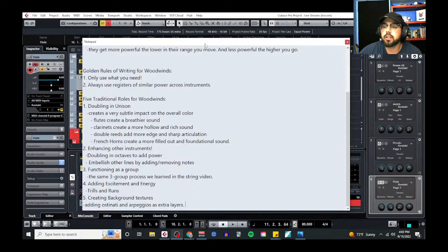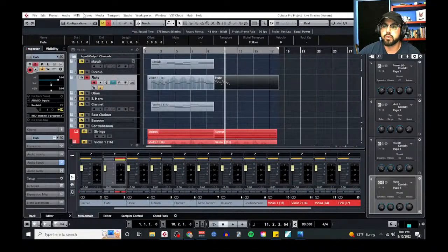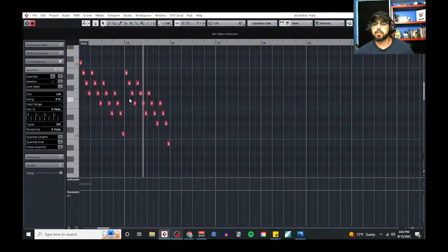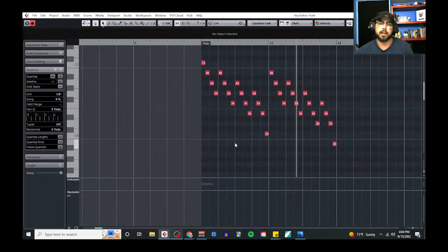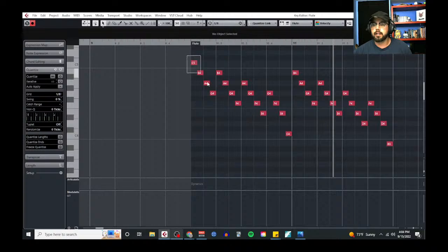Now, the run we were talking about earlier, this one in particular was a little odd. This is more of an ostinato than anything else. If you haven't seen my video on ostinati, an ostinato is a short repeating rhythmic idea. This is kind of a short repeating rhythmic idea.